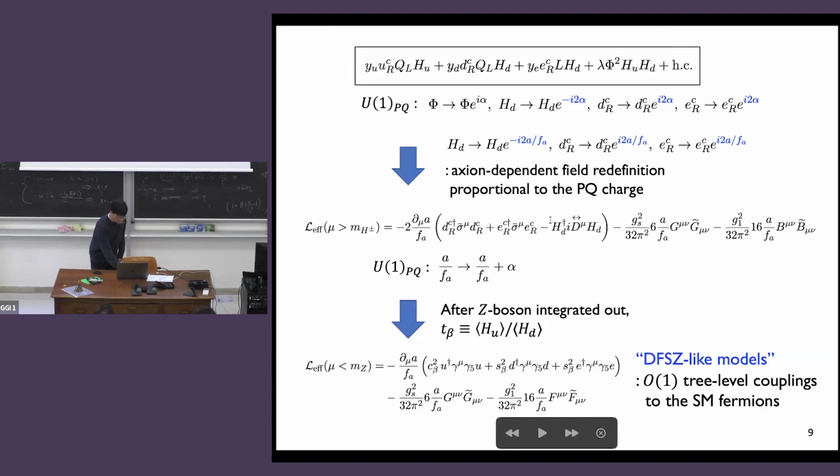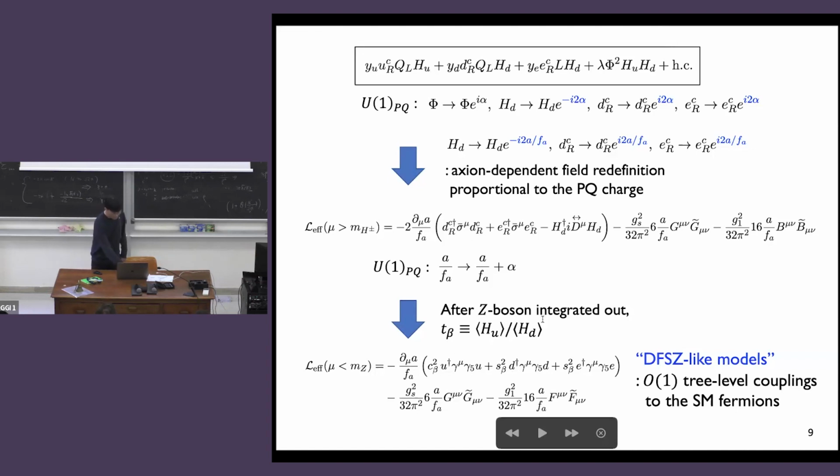So the axion coupling to the Higgs field gives rise to axion-Z-boson kinetic mixing. And after integrating out the Z-boson field, this gives rise to a sizable correction to the axion couplings to standard model fermion fields, depending on the ratio of the Higgs VEVs, usually denoted by tan beta.